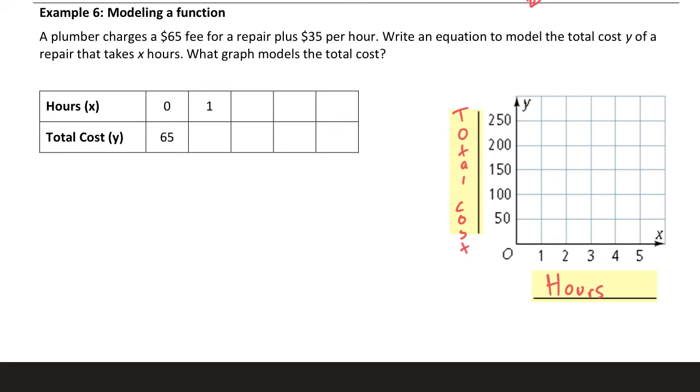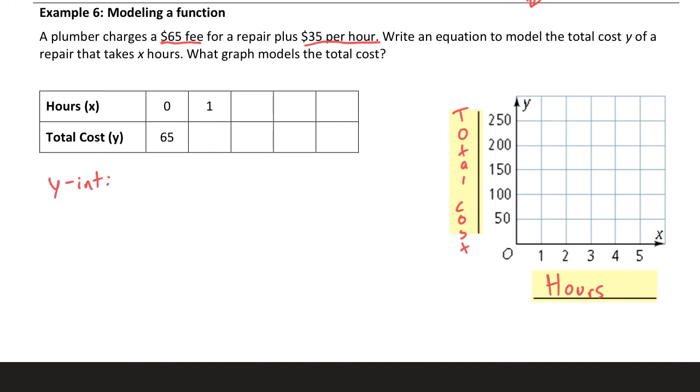We can do a couple different things, but to write a model, we've got two numbers here. One of those values is what I call a starting value in these context problems. The other value is the rate. The rate is your slope. So, just to write it out, my y-intercept, my starting value: a plumber charges a $65 fee for a repair plus $35 per hour.